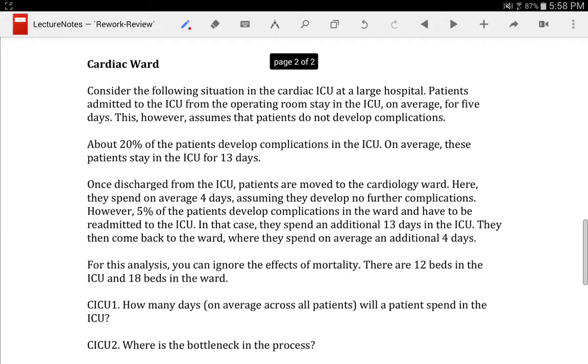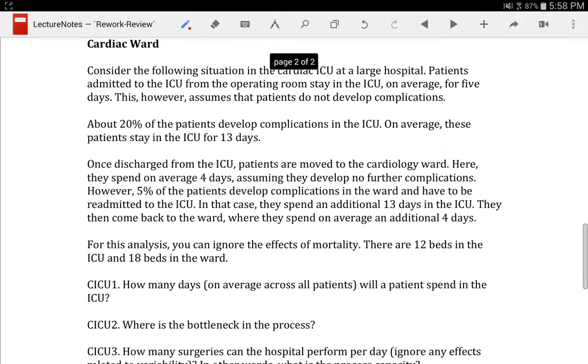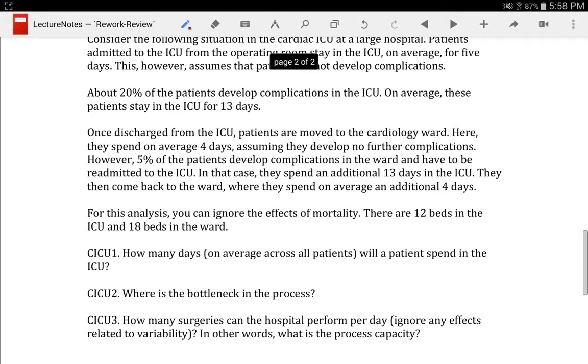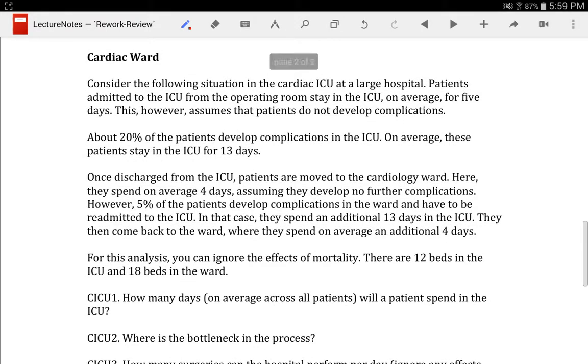A slightly difficult looking but not really that difficult problem, and this builds into the Little's law problem, but I'm not going to ask you anything related to Little's law, but the ideas are exactly the same. In this problem there are two steps. One is an ICU, the next is the cardiology ward.